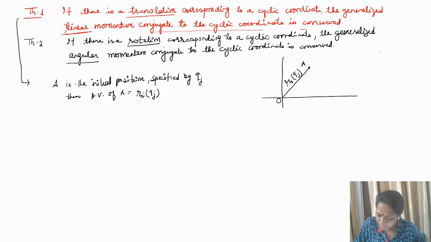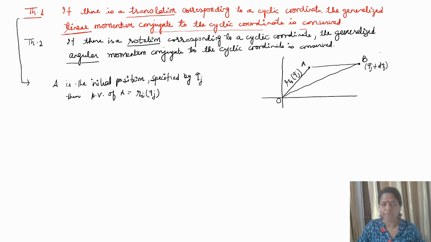Now let there be a translation motion in the direction of that Qj coordinate and the particle reaches B. This is not a single particle. This may be a single particle or a system of particles, and naturally this is a system point because we are in configuration space. If the particle reaches B, it is specified by Qj plus dQj. Position will be changed.